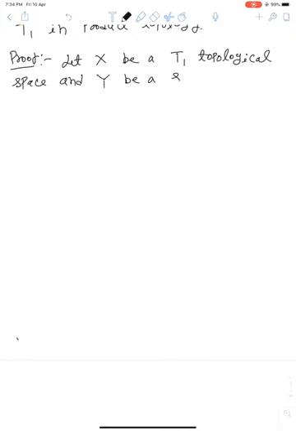So first of all, let X be a T1 topological space and Y be a subspace of X. Now we claim that Y is also T1.